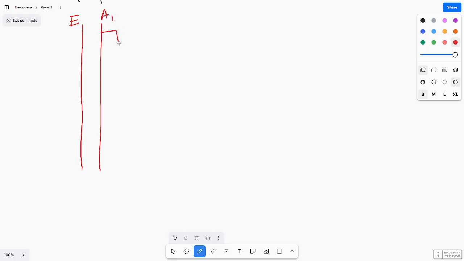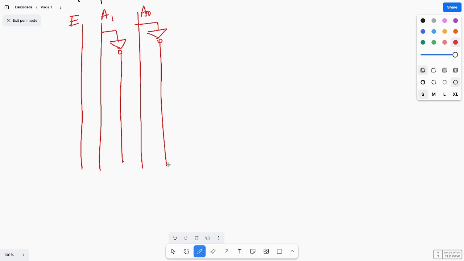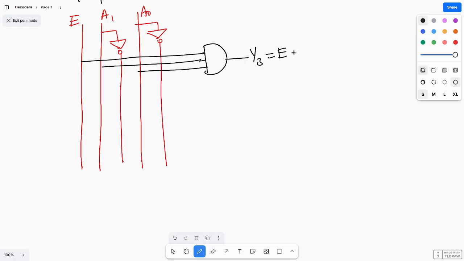A1 is given through the inverter, and A0 is also given through the inverter. What is y3? y3 equal to E A1 A0, so E, A1 and A0 are connected with an AND gate. So y3 equals enable E A1 A0.